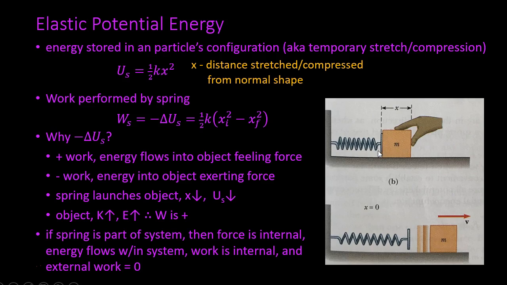However, if you make the spring part of the surroundings, then we have to keep in mind the block can have no elastic potential energy, because that goes with the spring. So if you want your system to have elastic potential energy when you're solving this problem, you need to make the spring part of it. If the spring's not part of the system, then the energy it imparts to the block will flow through an external force and be external work.